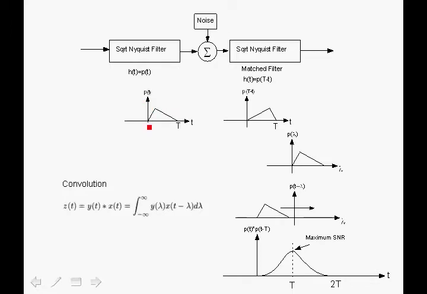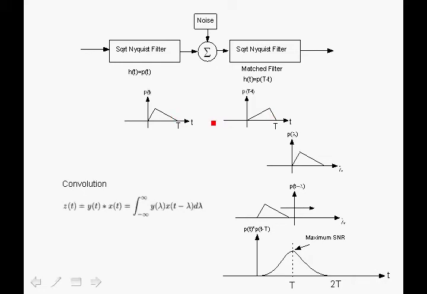So if p(t) has this pulse shape shown over here, of duration T, where T is a symbol time, then the matched filter p(T - t), first of all, because of the minus t, will have the mirror image shown over here. So we would have the mirror image here, but delayed by T, so it's shifted by T, as shown over here. So this is the impulse response of the matched filter to the transmit filter.